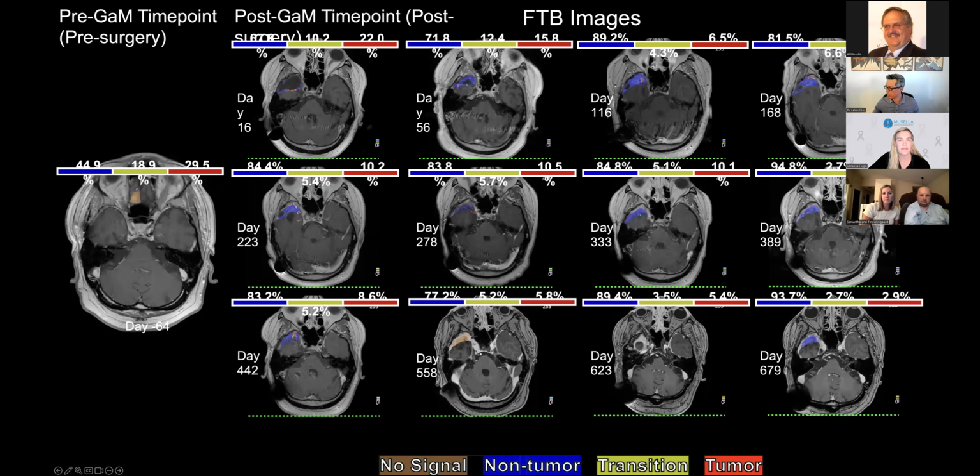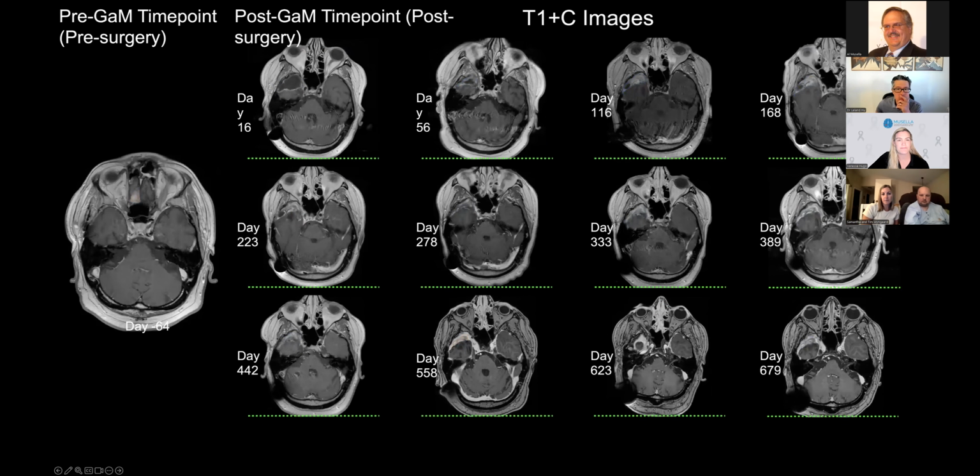Following that, he did the Stupp protocol and finished that up in January of 2023, and then started the 5/23 of TMZ and had a recurrence in March of 2023. Went through surgery again. And then in May of 2023, he started a clinical trial of gallium maltolate. And that's where we still are to this day, continuing the trial.